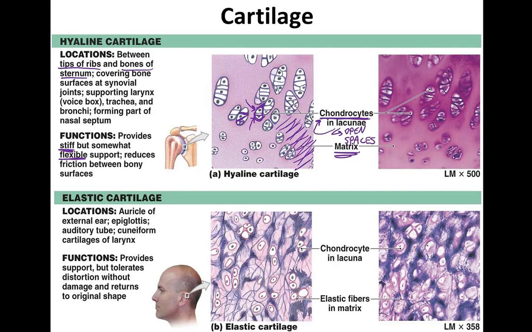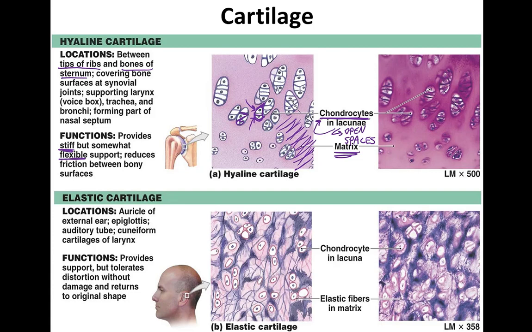And they need to be kept apart from each other because when bone contacts bone, it can grind. So these cartilage pads between your ribs and your sternum are rigid. They keep the two bones apart, but they also allow a little bit of give so that ribs and sternum can expand and move as you breathe.